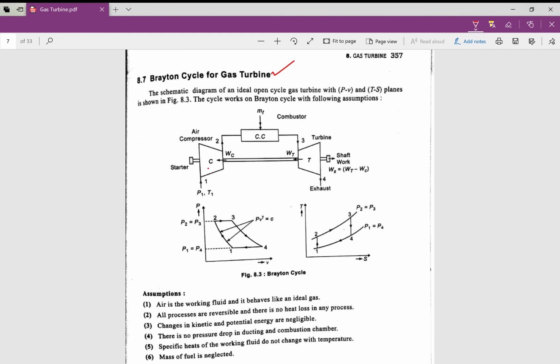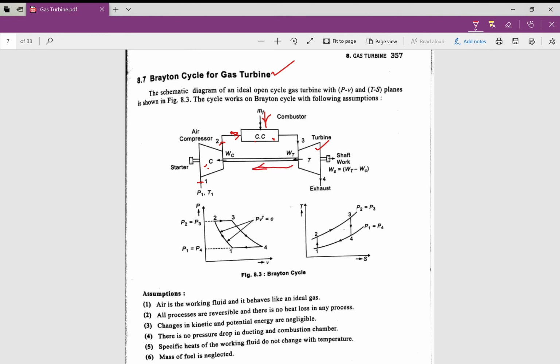This is your compressor. At point 1, air is sucked in, and compressed air goes out at point 2. It is supplied to a combustion chamber where fuel is injected. It comes out and goes to the turbine, hot gas at high pressure, and work is produced.